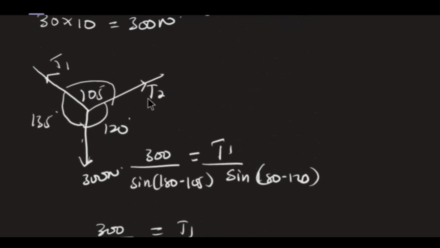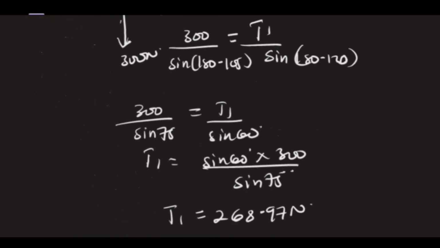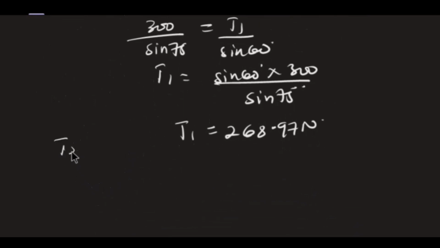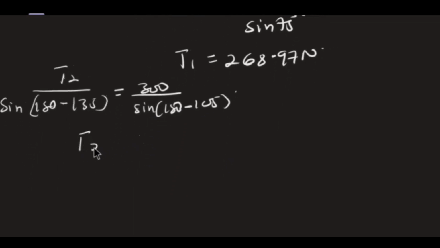Now let me go to T2. I can use this same thing for T2. So T2 over sine of 180 minus 135 should be equal to 300 over sine of 180 minus 105. So my T2 over sine 45 should be equal to 300 over sine 75.